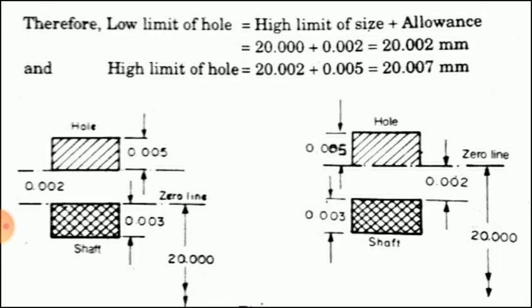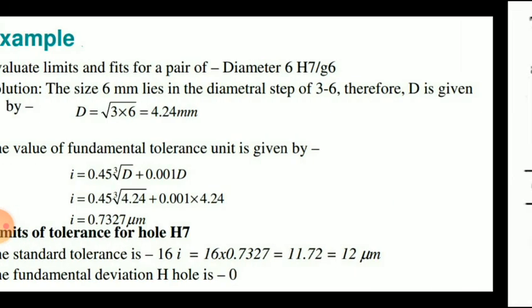So the zero line is at the bottom side of the hole tolerance, that is the lower limit of the hole, that will be equal to 0. So it is a hole basis system. So okay, you can easily calculate the size of the hole as well as the shaft.